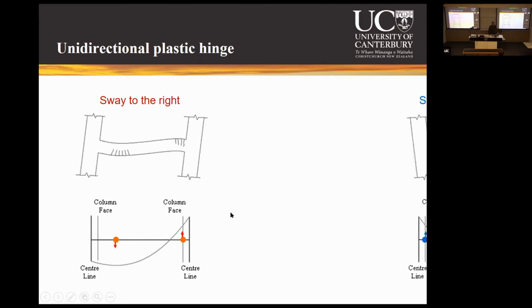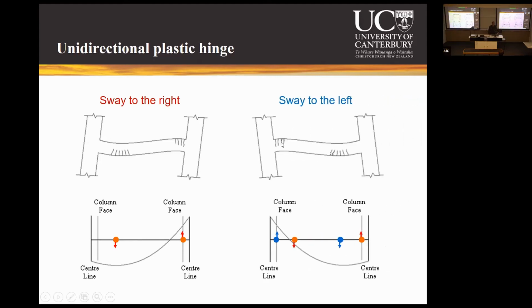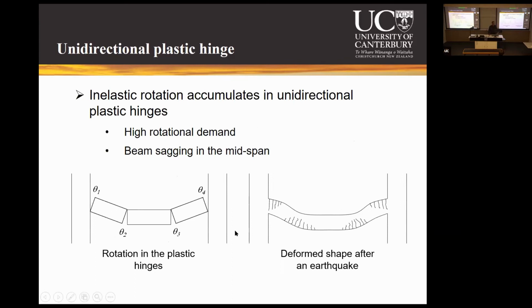When this frame now sways to the other direction, you can see the negative hinging forming close to the column interface and the positive hinging forming here. So you develop 4 hinges here, each of which will have yielding of reinforcing bars in only one side. Right? So there is no yielding in both sides. So you can gradually accumulate the rotation in this type of plastic hinge, which is what we call a unidirectional plastic hinge.